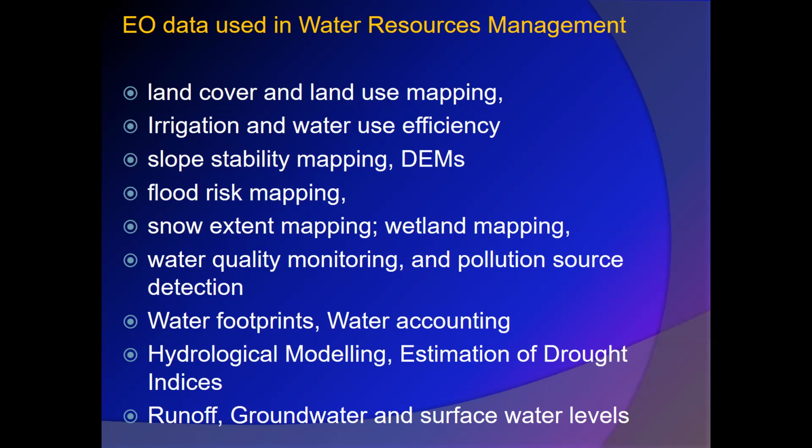Estimation of drought indices is another important area of interest and research for water resources management, and these studies are throughout the world, but there are studies that are being done in Southern Africa as well.